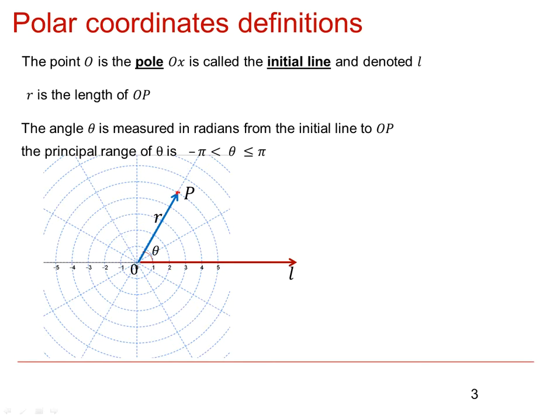The principal range of theta is between negative pi and pi, where negative pi is halfway around the circle going in the clockwise direction, and pi is halfway around going in the anti-clockwise direction. So this is the positive direction and this the negative direction. We say then that P has polar coordinates r and theta, or (r, theta).